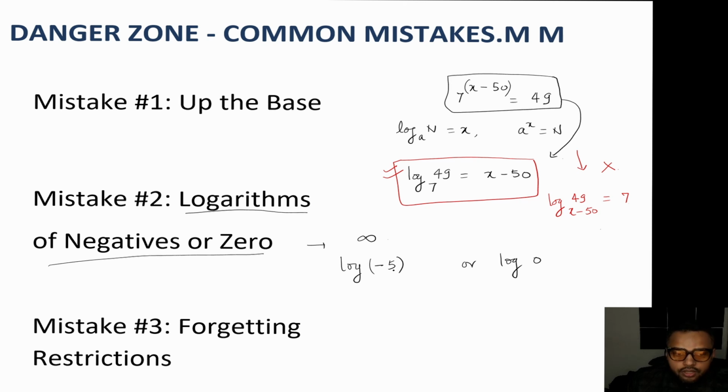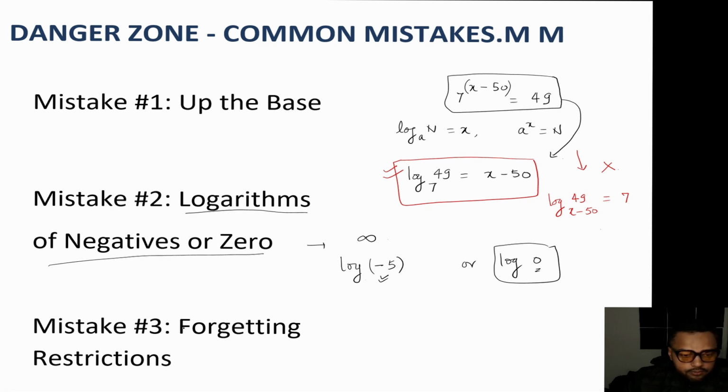Okay, if you want to explore it further, we can go ahead. Whatever base you are keeping here, you will not be able to get the negative value, and similarly whatever base you are keeping, you will not be able to get the value 0. Okay, you can try this on your own and let me know.